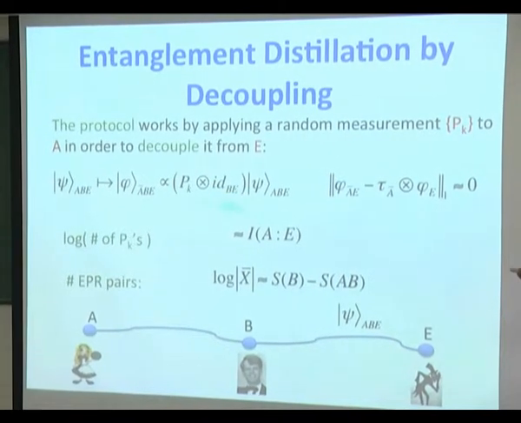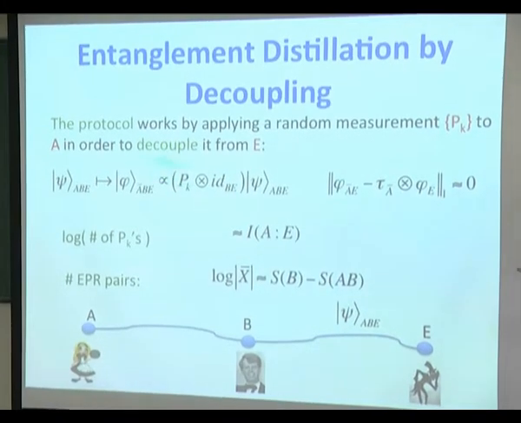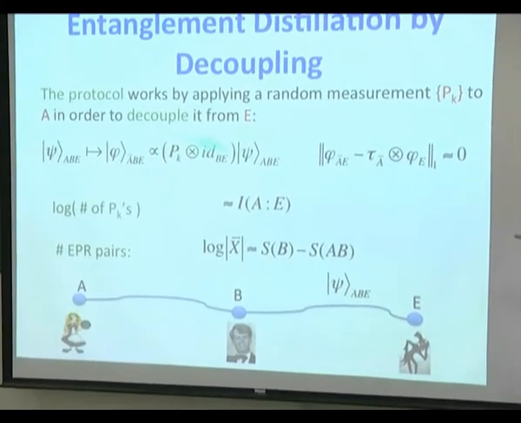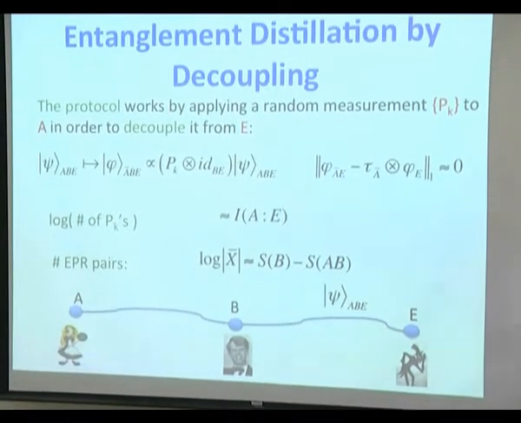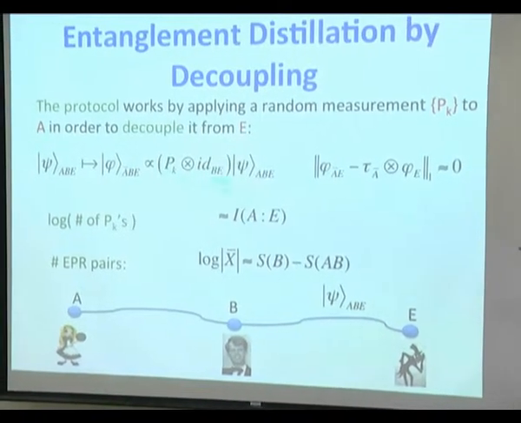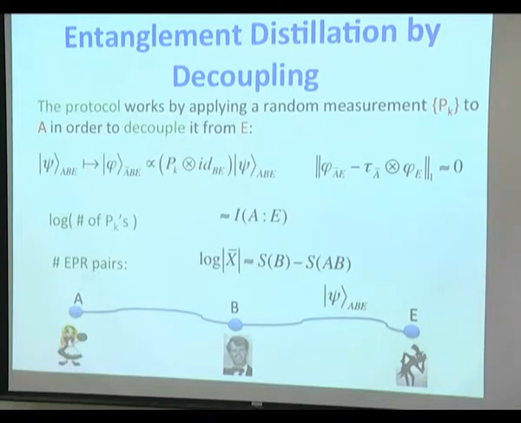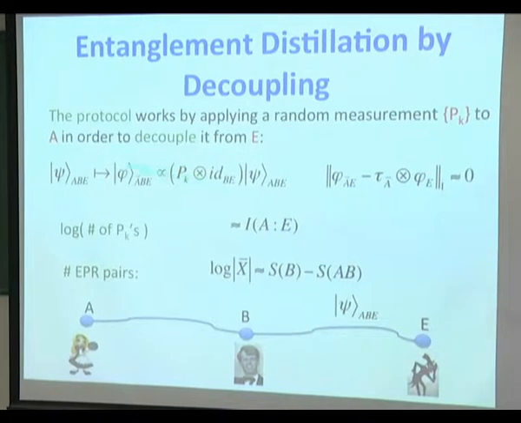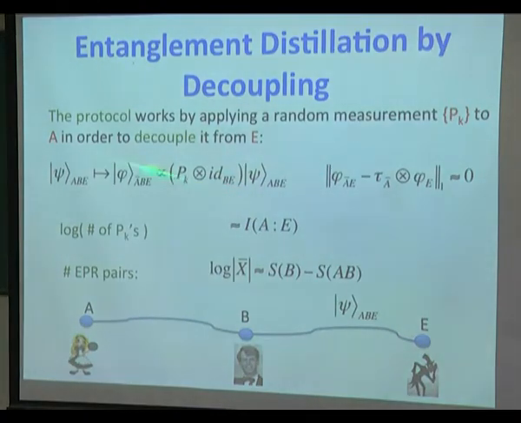Now, how does this work? Let's use this idea of decoupling again here. It won't be essential for us, but it's interesting to see how it works because it is very useful in many other contexts. So she does this measurement, and the only thing that we will ask from the measurement is that this holds true. If you look at these states phi_ABE, and now we trace out B, we trace out Bob, we have this state phi_AE.